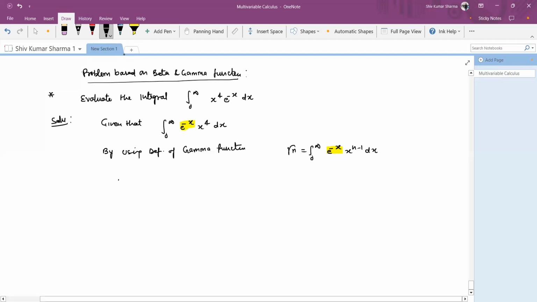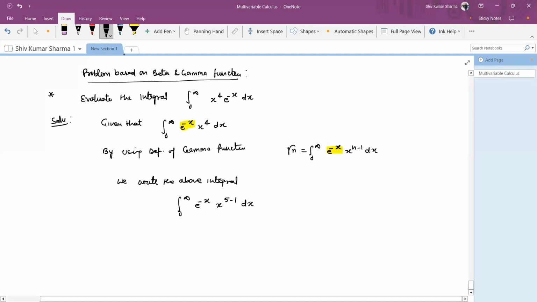So we write the above integral as integral 0 to infinity e raised to the power minus x, x raised to the power 5 minus 1 into dx.